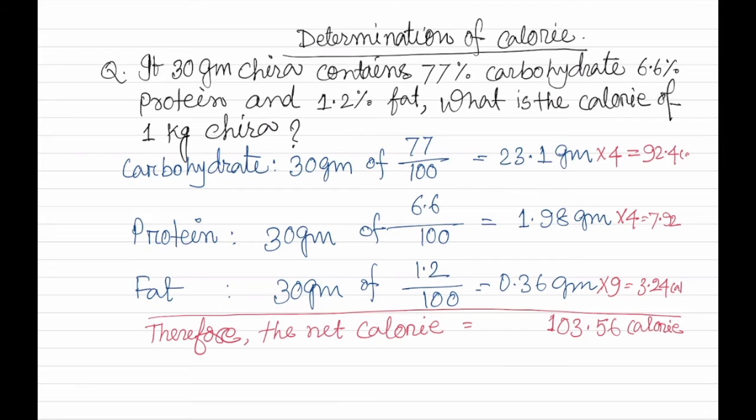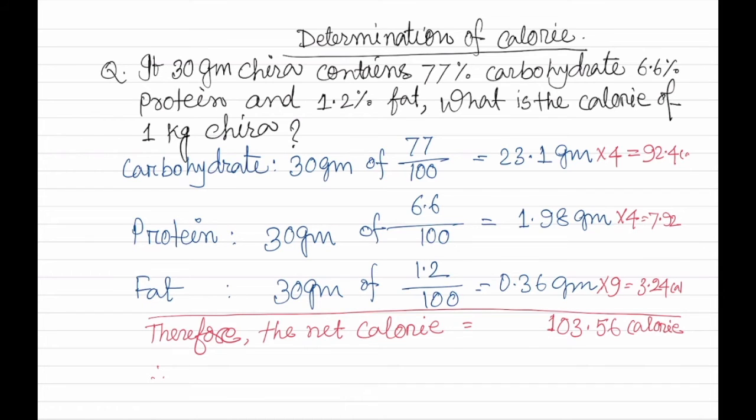You know very well that food containing calorie, or nutritional calorie, is generally represented as kilocalorie. I will explain it later. Net calorie is 103.56 calorie in 30 gram of chira. Therefore 1 gram contains 103.56 divided by 30.